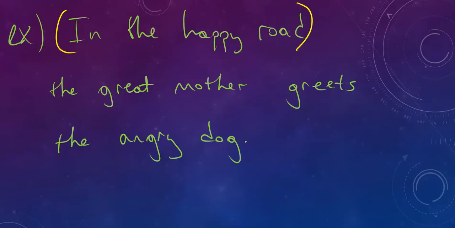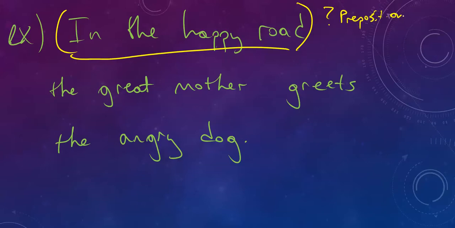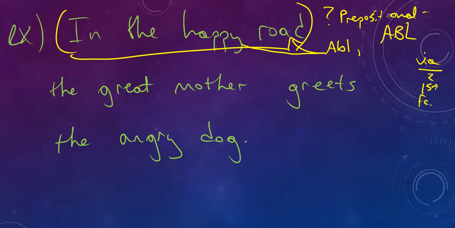In the happy road, I'm going to ask myself, what is that grammatically? Well, it's a prepositional phrase. We know in Latin, those use ablative. So road needs to be ablative. That means that happy also has to be ablative. Road is the word via, which is first and feminine.